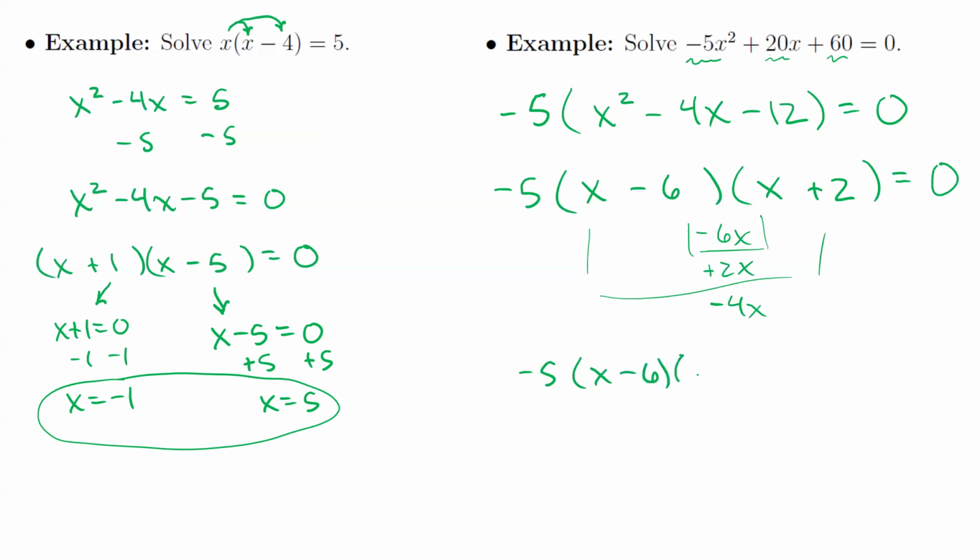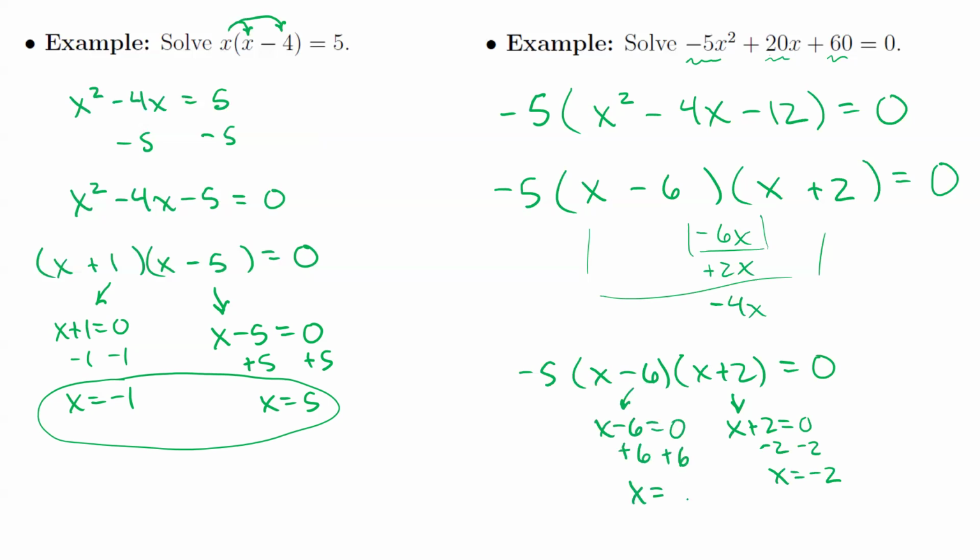So the one other thing that's important to point out here is that, of course, we're going to set x plus 2 equal to 0 and get x equals negative 2. And we'll set x minus 6 equal to 0, x equals 6. But we're not going to do anything with this negative 5.